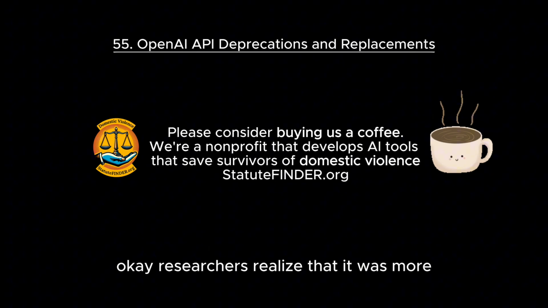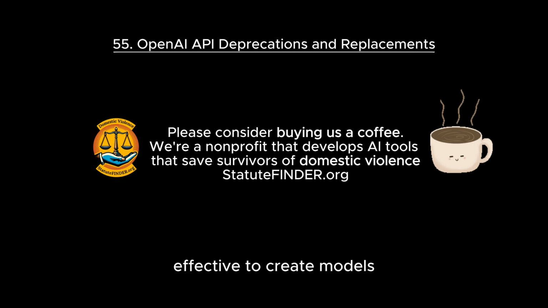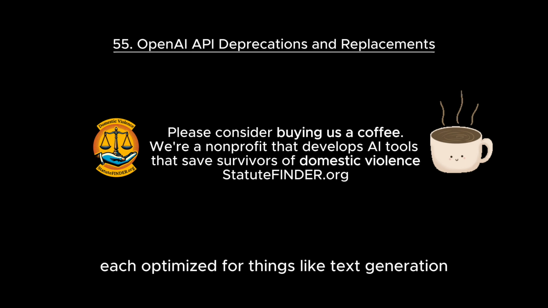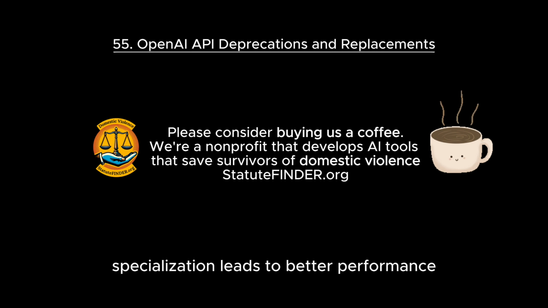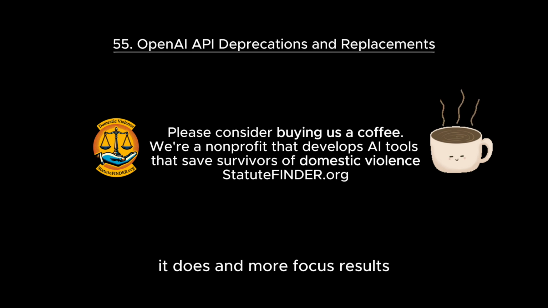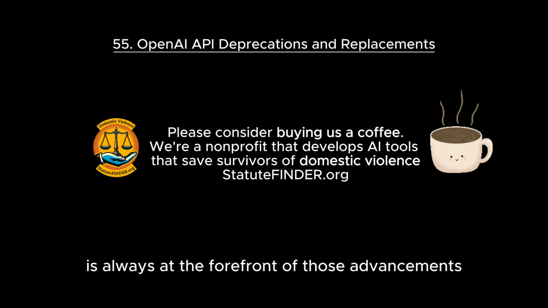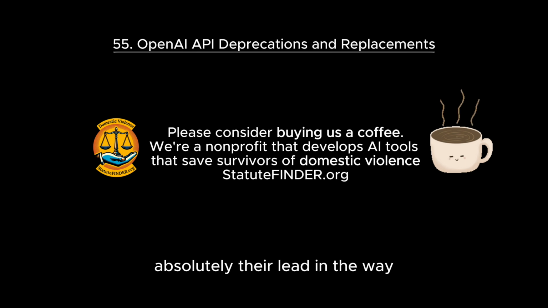Researchers realized that it was more effective to create models tailored to specific tasks. That's why we now have a whole ecosystem of specialized models, each optimized for things like text generation, image creation, or code writing. It makes sense. Specialization leads to better performance and more focused results. And OpenAI is always at the forefront of those advancements.